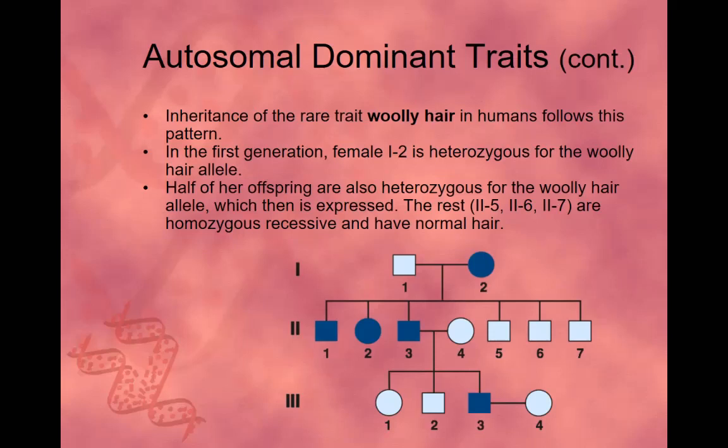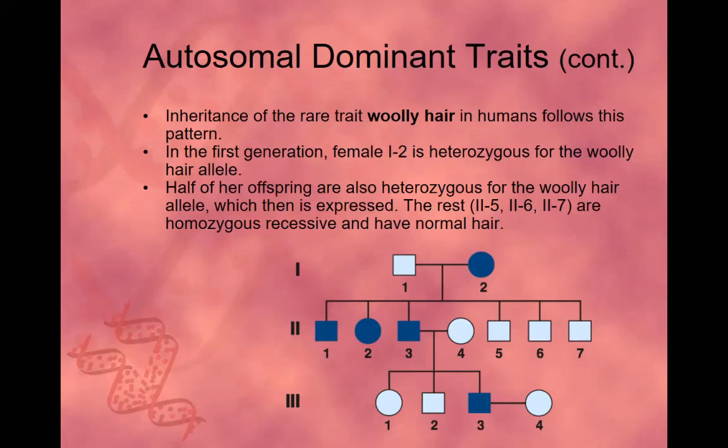We can tell that because, yes, she has woolly hair, so she's got to at least have one copy. But we know she's heterozygous because if you look at individuals 2-5, 2-6, and 2-7, they do not have woolly hair syndrome, which means mom had to be able to give them a non-affected allele. Individuals 2-1, 2-2, and 2-3 got woolly hair syndrome from their mother.